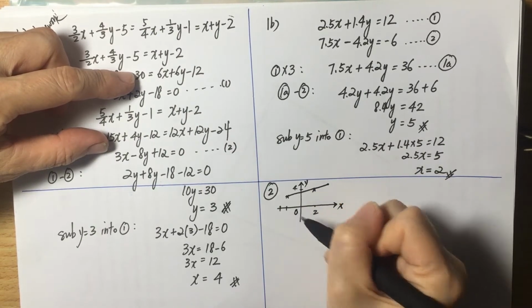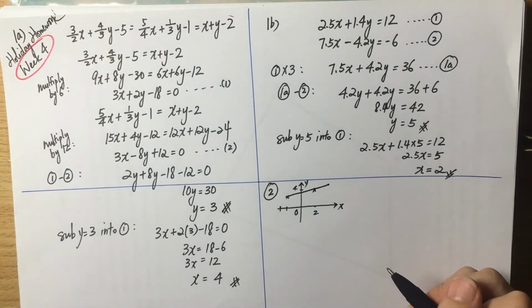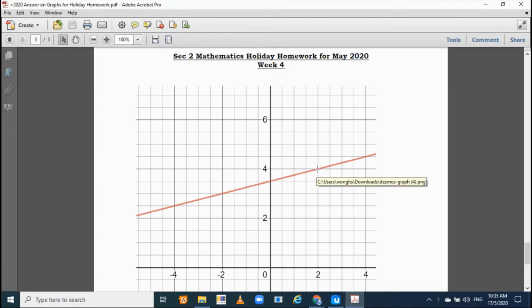This is the line that I'm supposed to draw on the grid. This is the graph question answer. Take a few points and see whether you got the same one. You get this 2, 4. Do you get this point negative 2, 3? This point is 4 and 4.5.